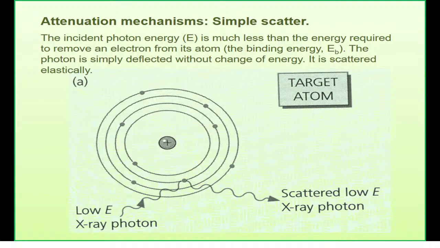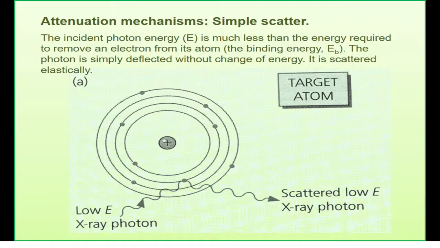But this excited position is not stable for the atom. After a very short time, the atom returns to its original non-excited state, and the photon is re-emitted by the atom.